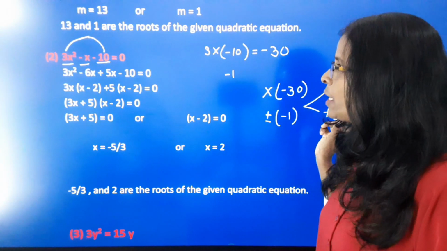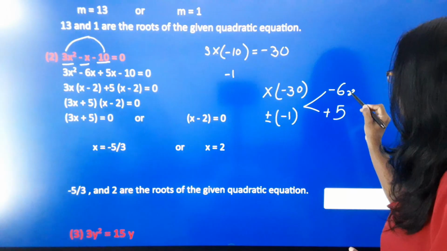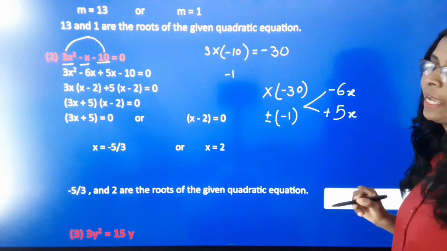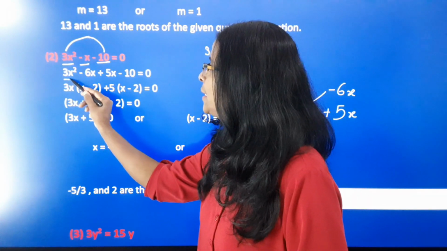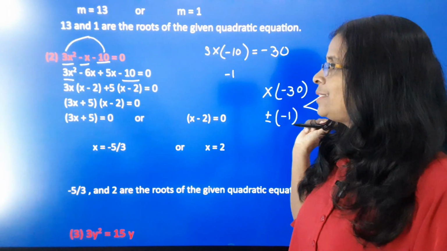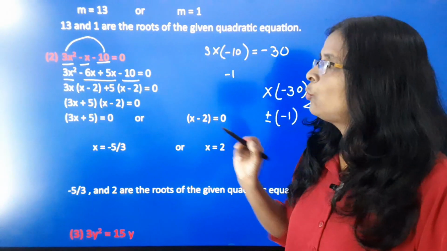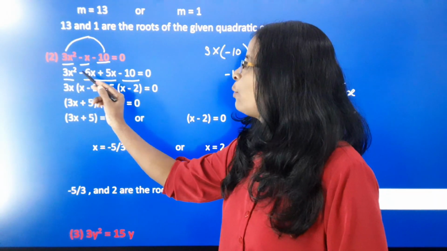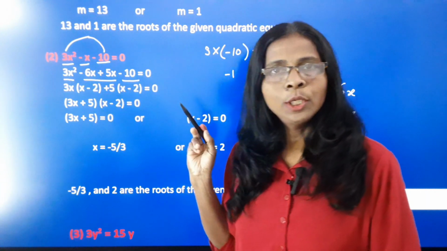Now we have the variable x, so our middle terms will be minus 6x and plus 5x. Write down the first term as it is, the last term minus 10 as it is, and place these two numbers in between. So our first step will be 3x square minus 6x plus 5x minus 10 is equal to 0.